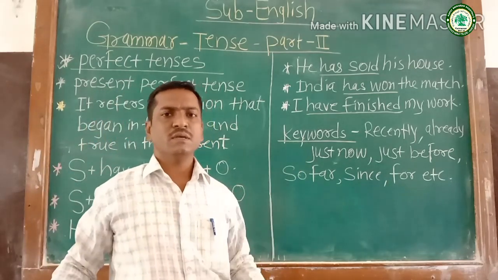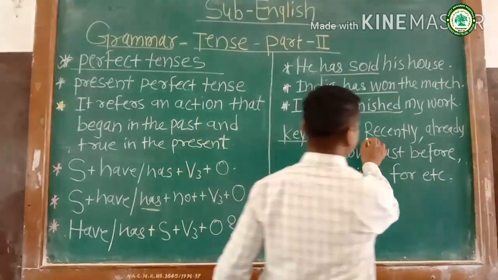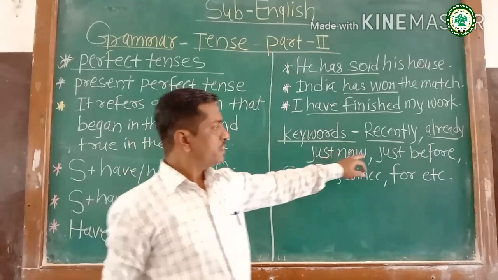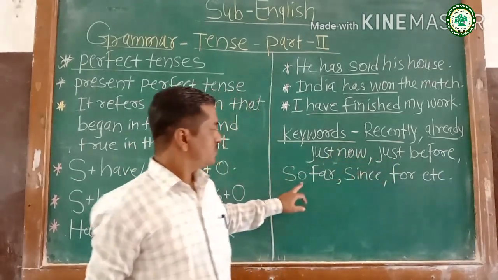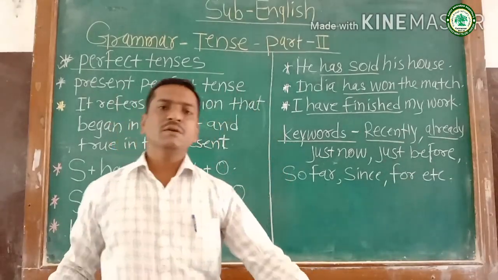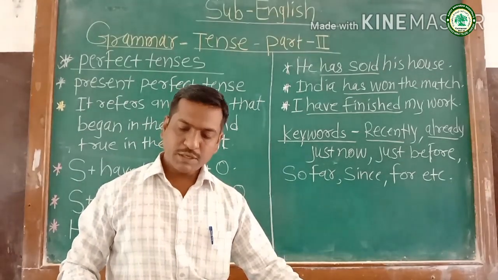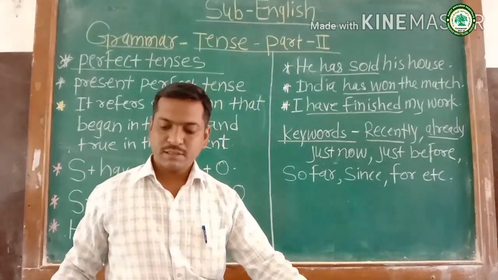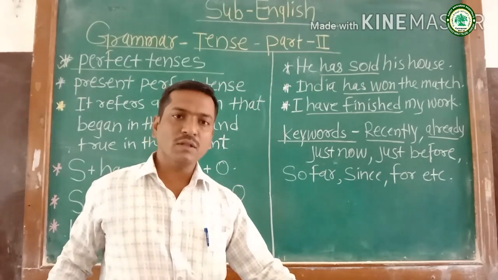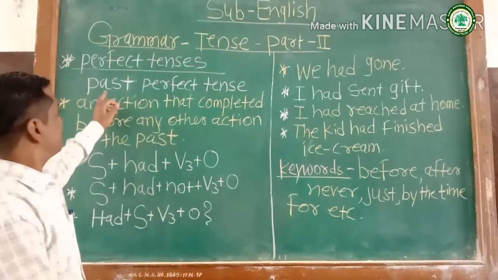The words generally used in present perfect tense are recently, already, just now, just before, so far, since, for, etc. Students, we use present perfect tense in order to express an action that happened already in the past.